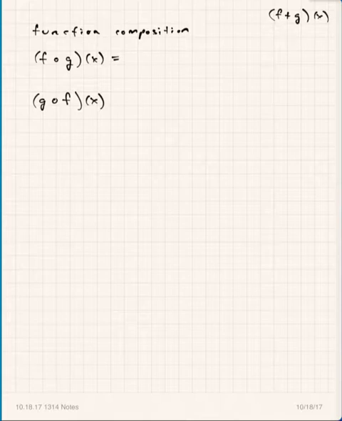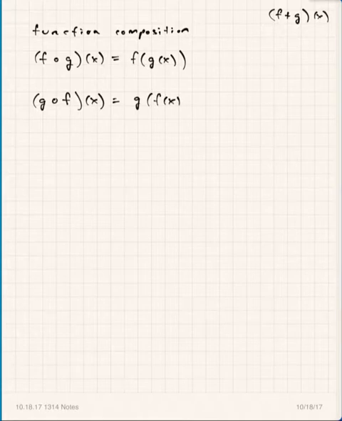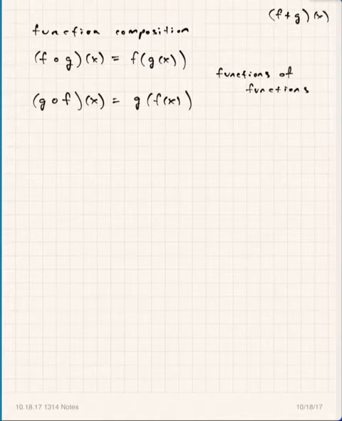The f circle g of x is defined to be f of g of x. And g circle f of x is defined to be g of f of x. These are functions of functions. When you're taking two functions and composing them, you're taking a function of a function.